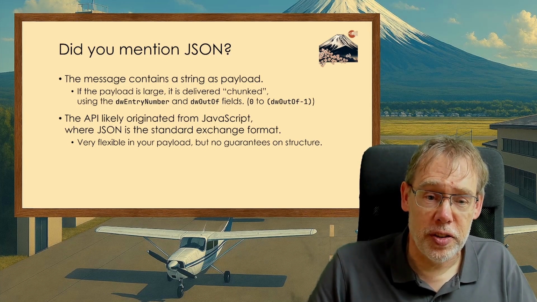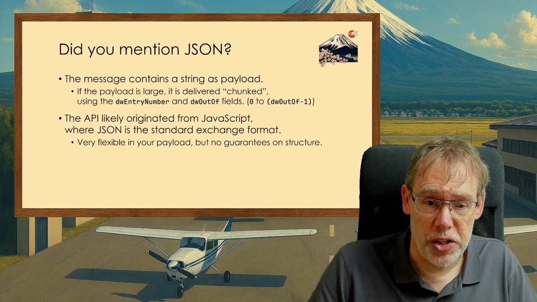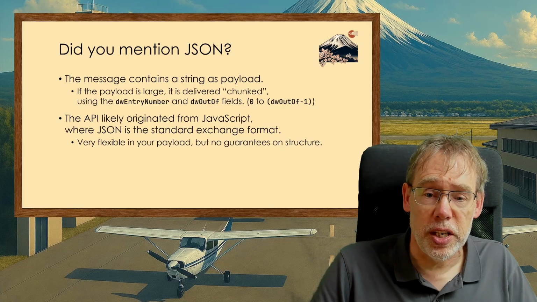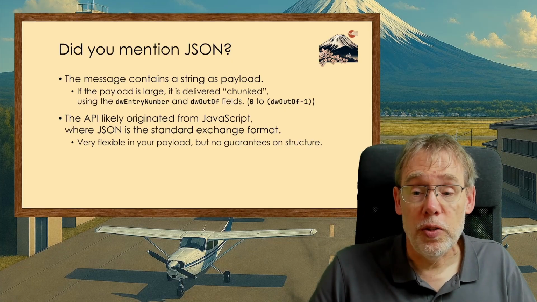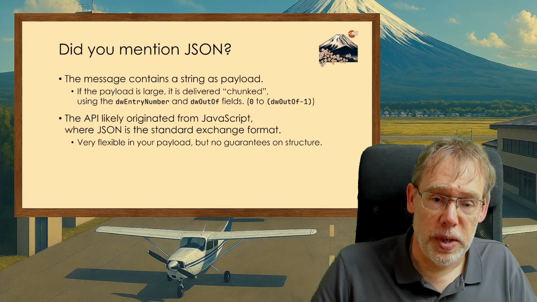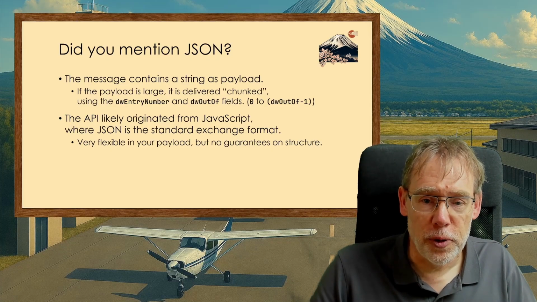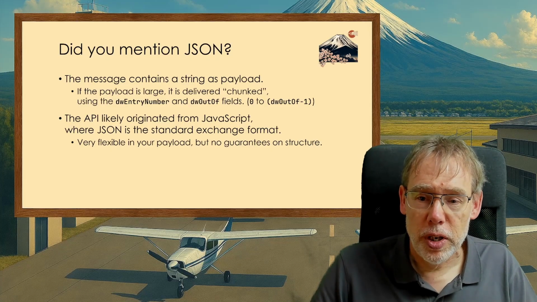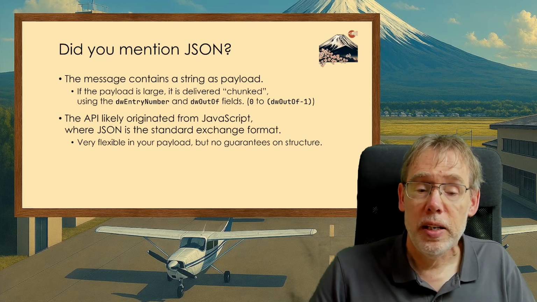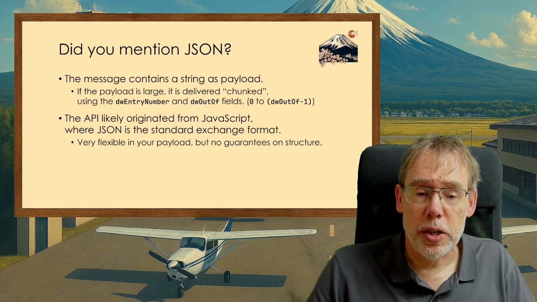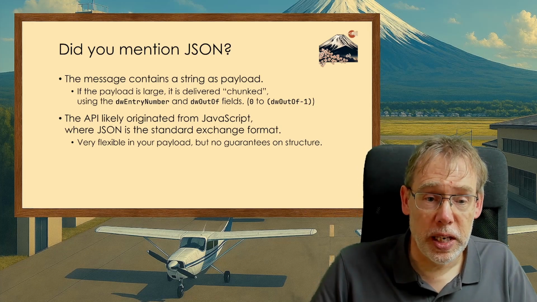It's the JavaScript standard object notation, and it's a standard exchange format used in web applications. And since with Microsoft Flight Simulator 2020 and 2024, we have a much larger use of JSON and HTML, this has, of course, become a standard way of doing it.